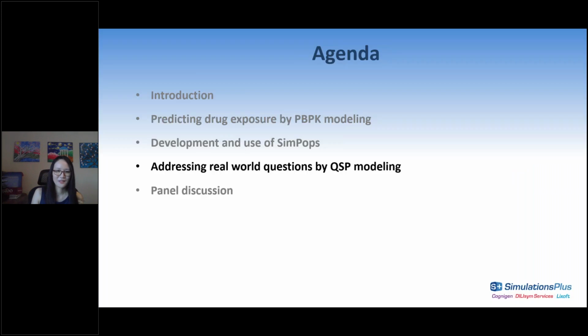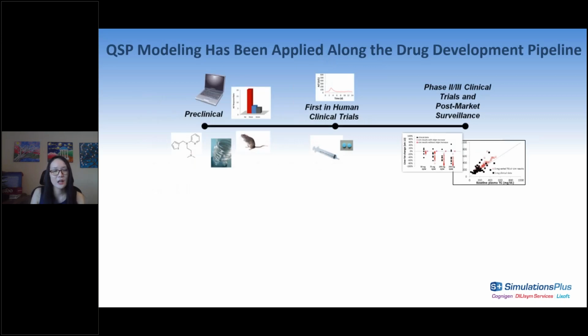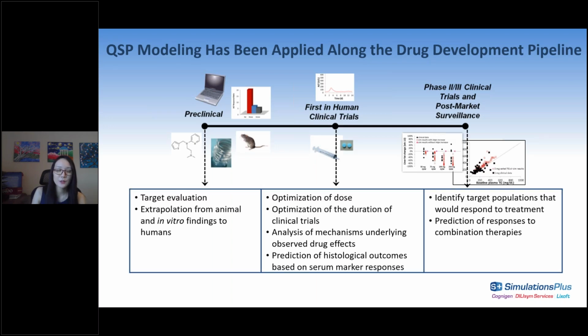Okay, thanks, Arlene. So for this section, I will now present specific case examples where QSP modeling has been applied to address real-world questions in drug development. From our experience, QSP modeling has been applied at different stages of the drug development pipeline. In the preclinical stage, it has been used to evaluate a specific target or to translate preclinical findings to humans.